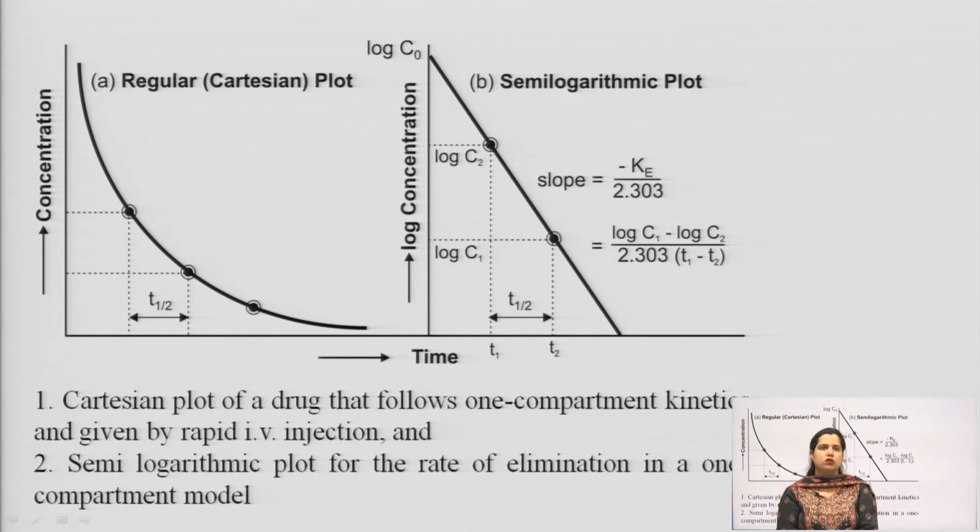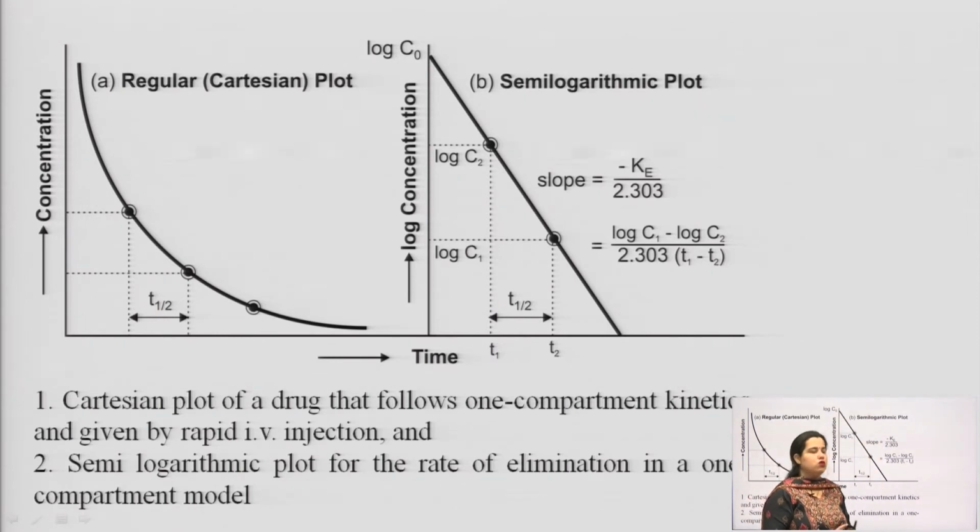Two types of plots are there: regular Cartesian plots and semi logarithmic plots. In the semi logarithmic plot you see linear lines, because we have taken the log value of the concentrations. The time for 50% is T half, and log C 1 and log C 2 are different concentrations in blood plasma.